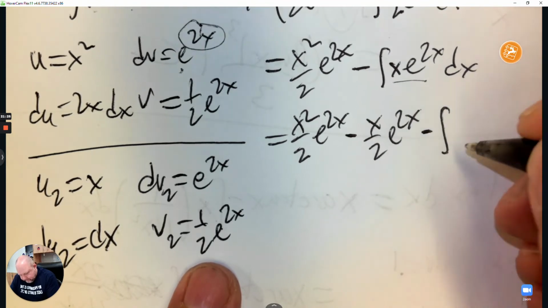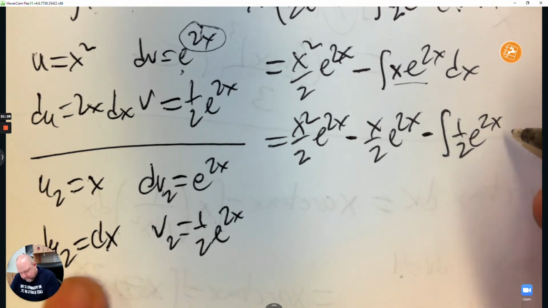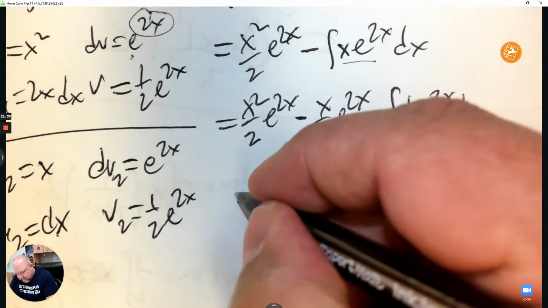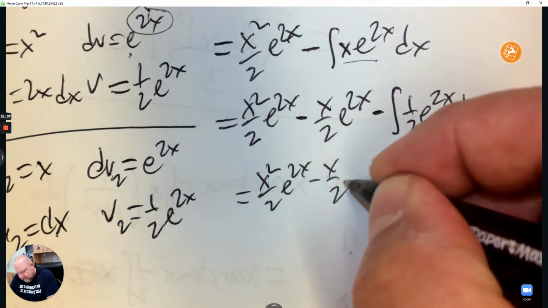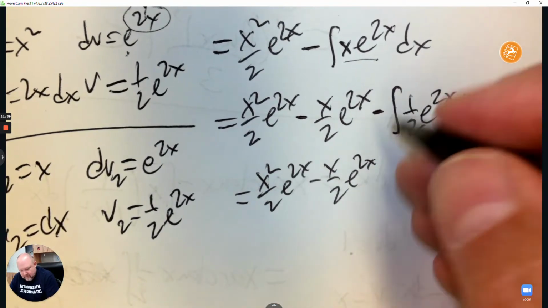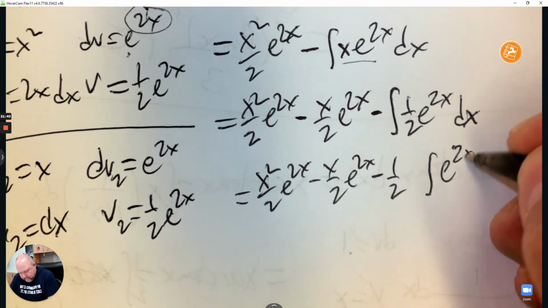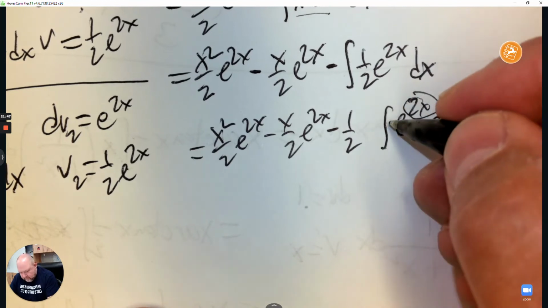subtract v times du. I'm going to clean this up. So the 1/2 I'm going to put in front. I'm going to leave a little space. The hook should be 2.